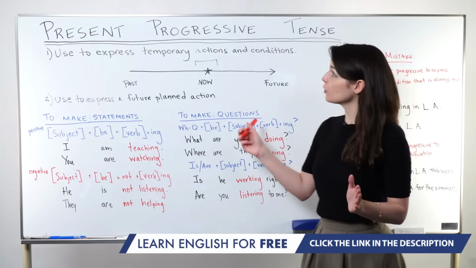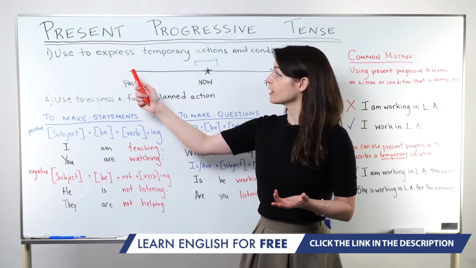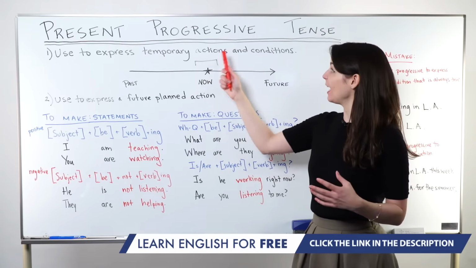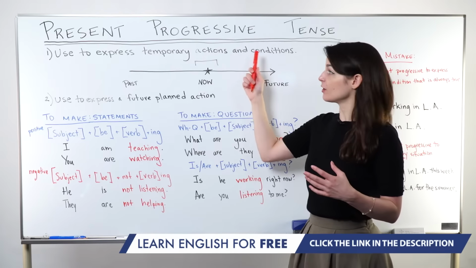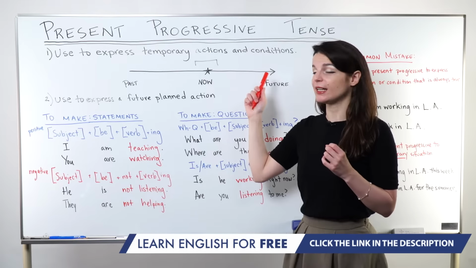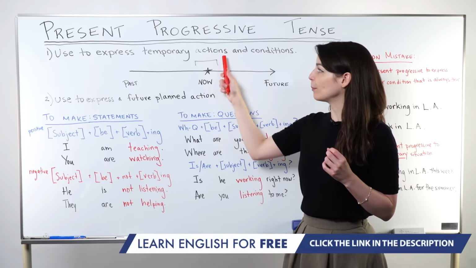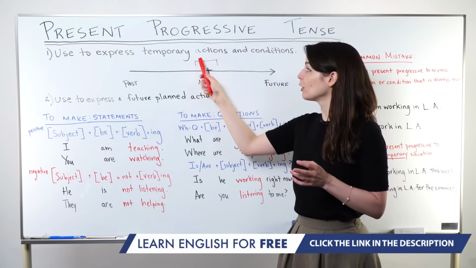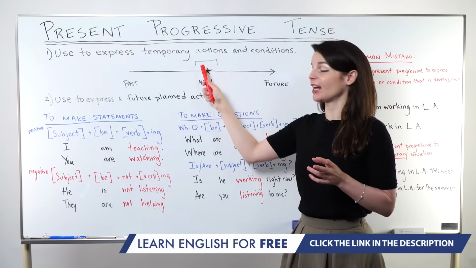First, we use present progressive tense to express temporary actions and conditions. So a temporary action or a temporary condition is something that happens or is a condition that is true for a short period of time.